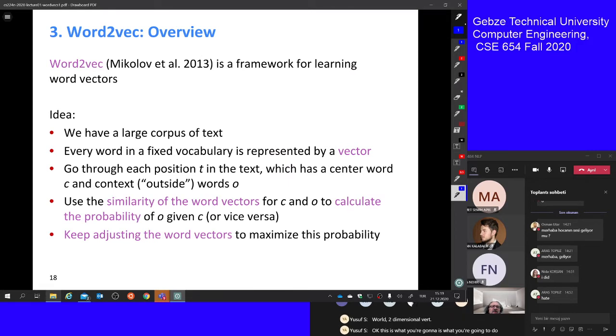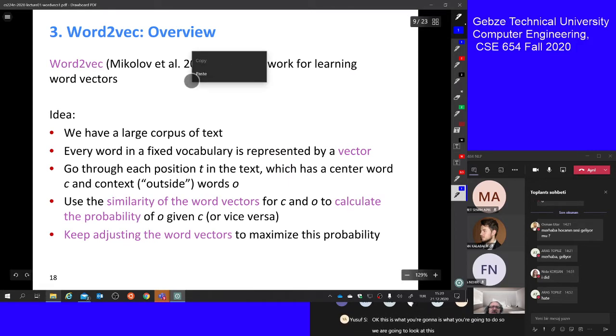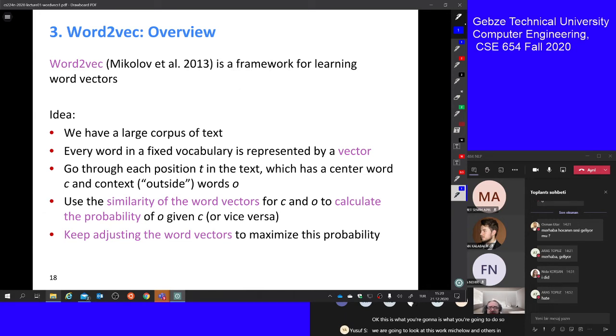So we are going to look at the work of Mikolov and others in 2012-13. This was hugely successful work. It's called word2vec. You produce vectors out of words in a fully unsupervised way. We have a large corpus of text, for example the Wikipedia dump of English words, and each word in a fixed vocabulary is represented by a vector.